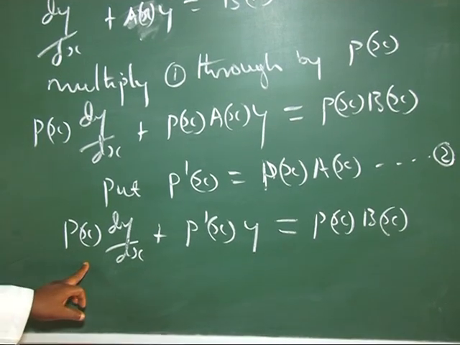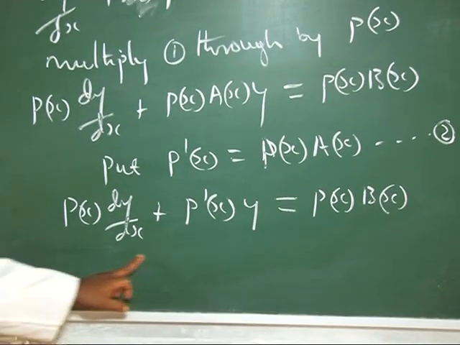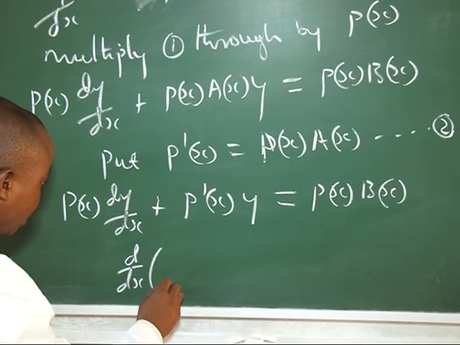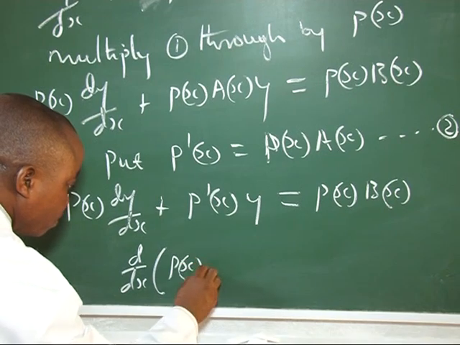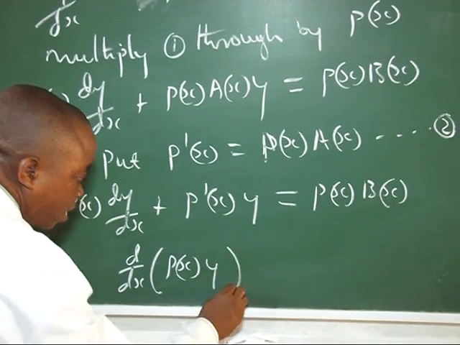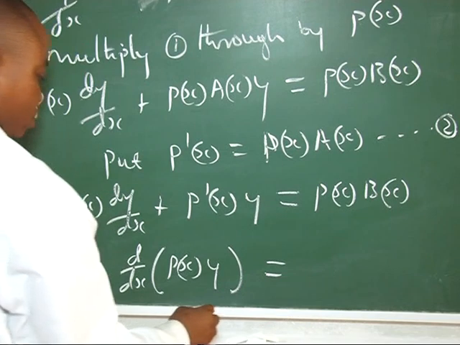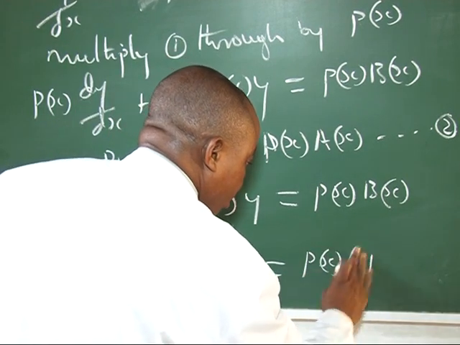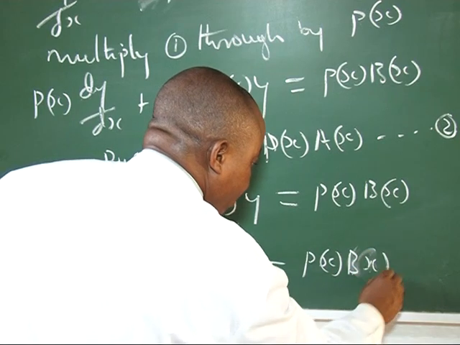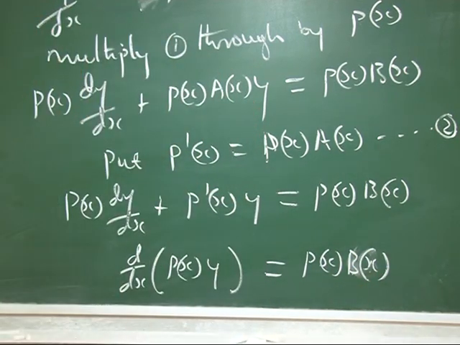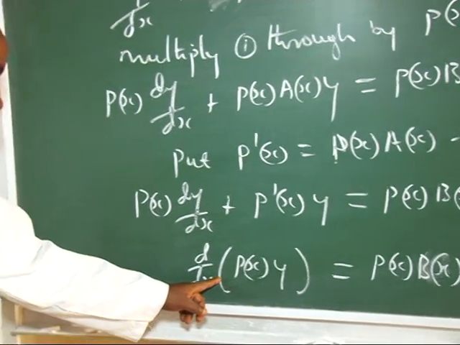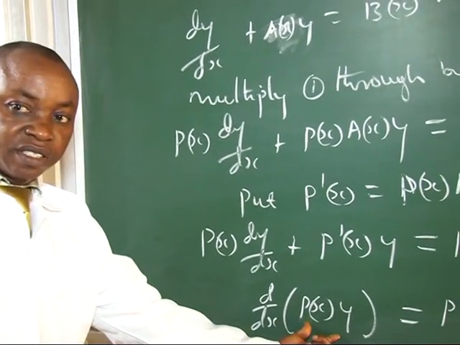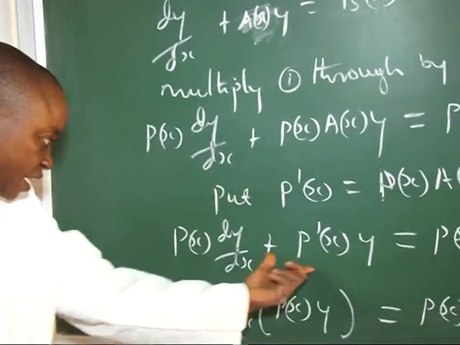Now we see that this place automatically becomes d/dx of p of x y, which is equal to p of x b of x. Now see, if you differentiate this by the product rule, you get back everything here.